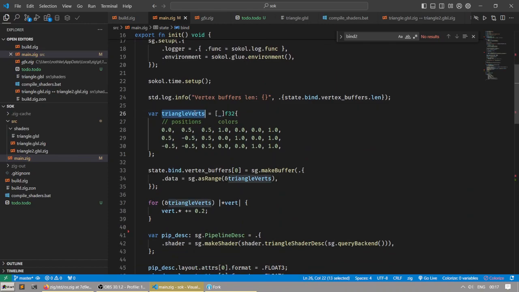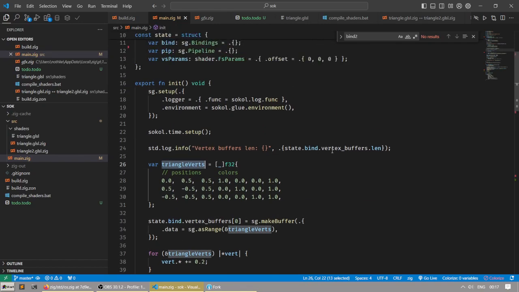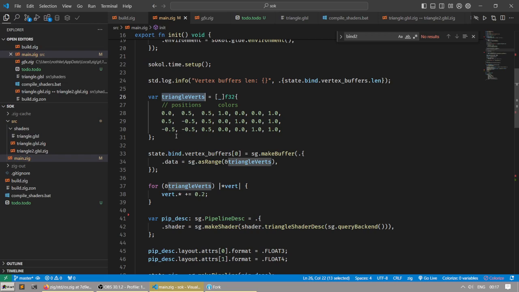So right now I have these triangle vertices, and I put them into a buffer, and I say make buffer. Yes, this creates a buffer, which is nice, much cleaner than in OpenGL.